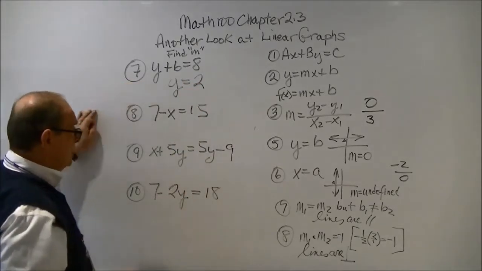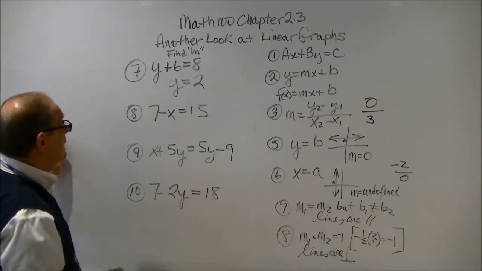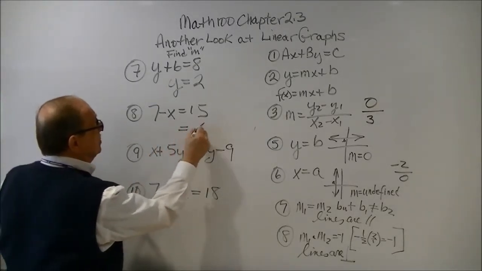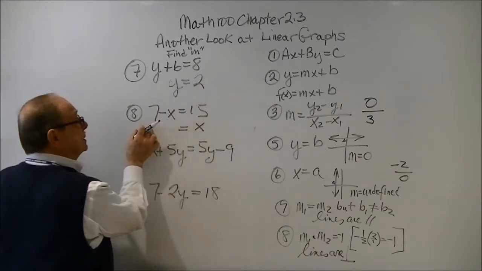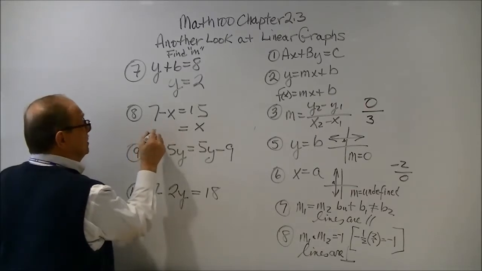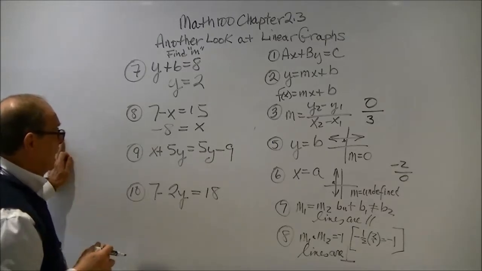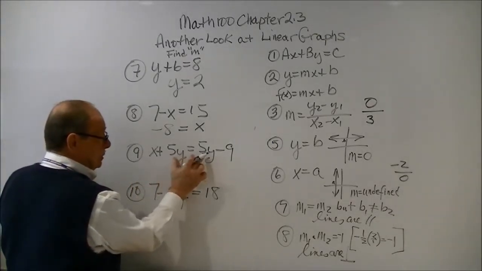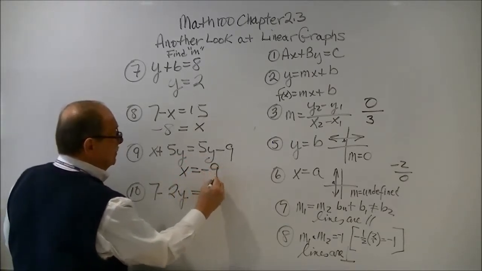So this is y equals 2. In fact, let's solve all the equations first. Here we want to solve for a positive x, so we put x over to this side. This goes over to this side as a -15, so this becomes a -8. And here we're going to subtract 5y from both sides, and we get x equals -9.